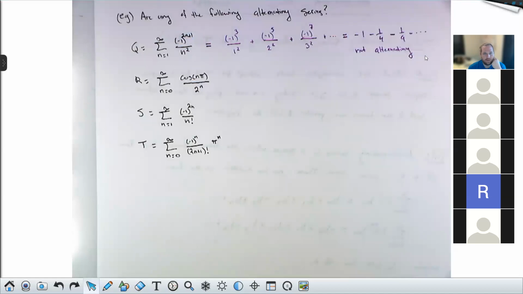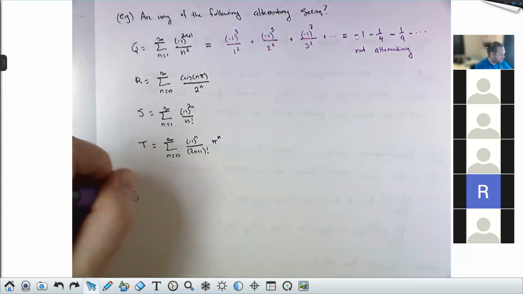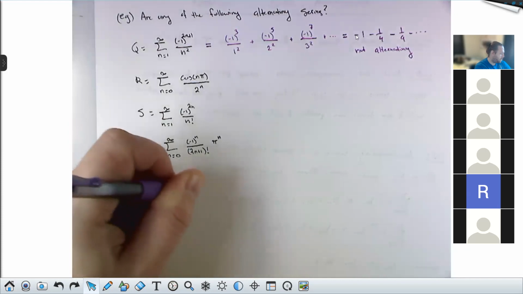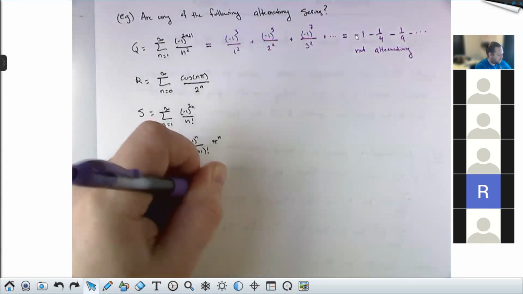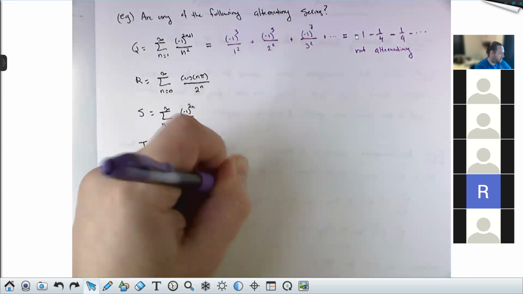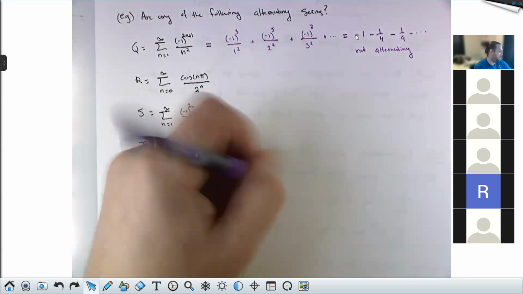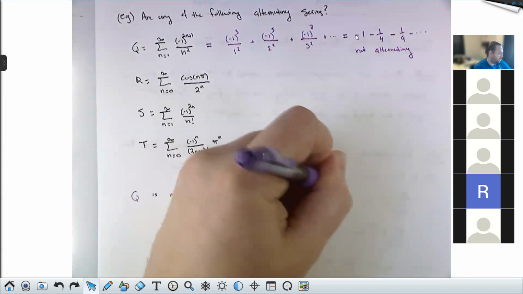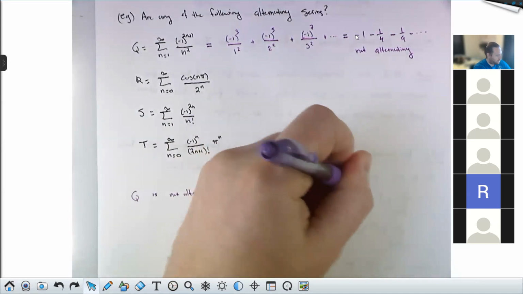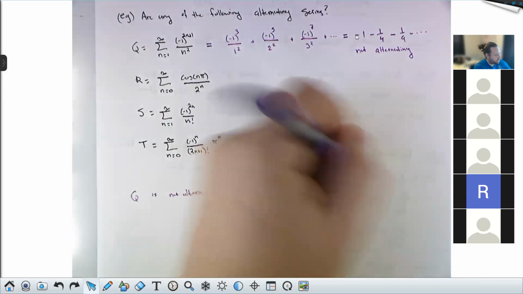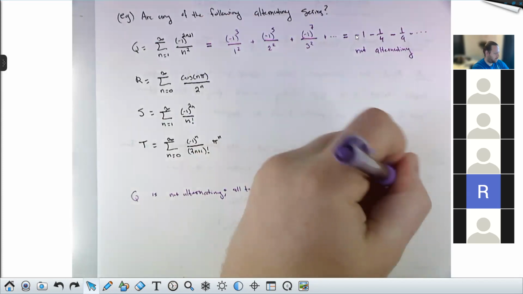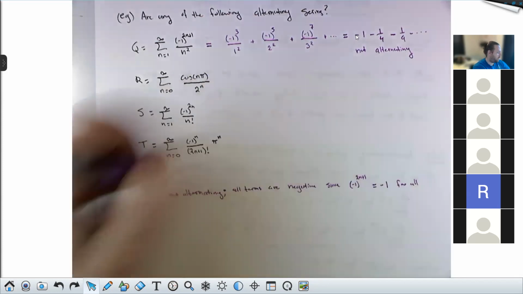Could I rewrite this series in a way that is a little bit less opaque? I'm going to come down here. So Q is not alternating. All the terms are negative. Since -1 to the 2n plus 1 is always -1 for all integers n.